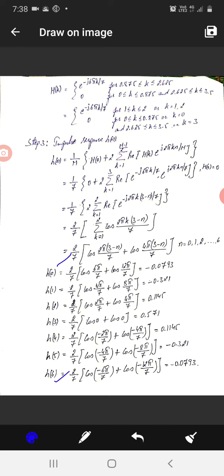The length is given as 7, meaning 0 to 6. If you substitute n as 0 in h of 0, you will get minus 0.0793. Next, in the same way, go for substituting h of 1, and you will get the result as 0 minus 0.321. In the same way, go on substituting, and you will get the result like this.